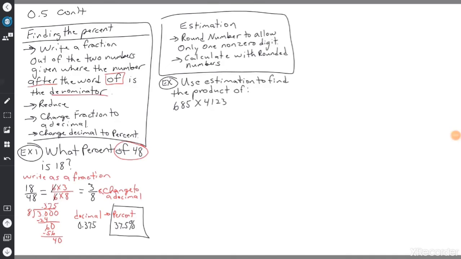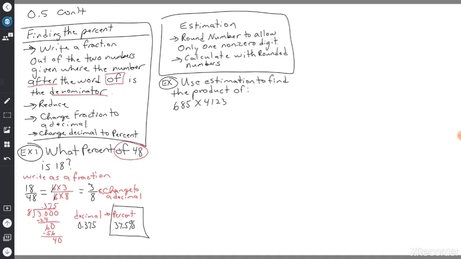So here we're using estimation to find the product of a number. In estimation, what we do is we round the number to allow only one non-zero digit. So that's the first thing that we do, is that rounding. But keep in mind, we look at the first digit, and if the second digit is 5 or more, then we can round up.